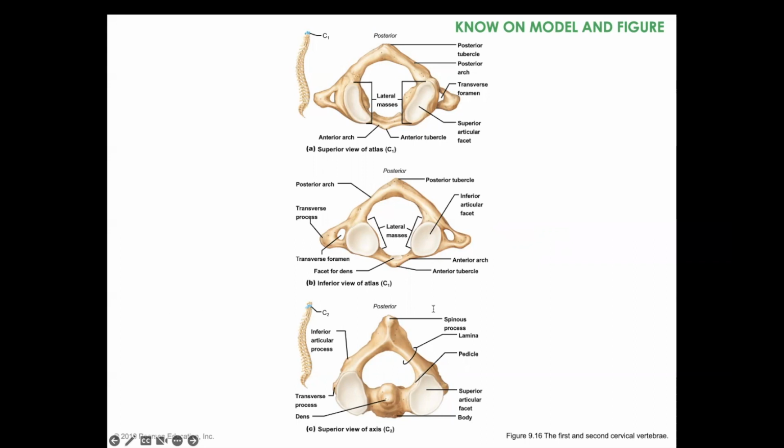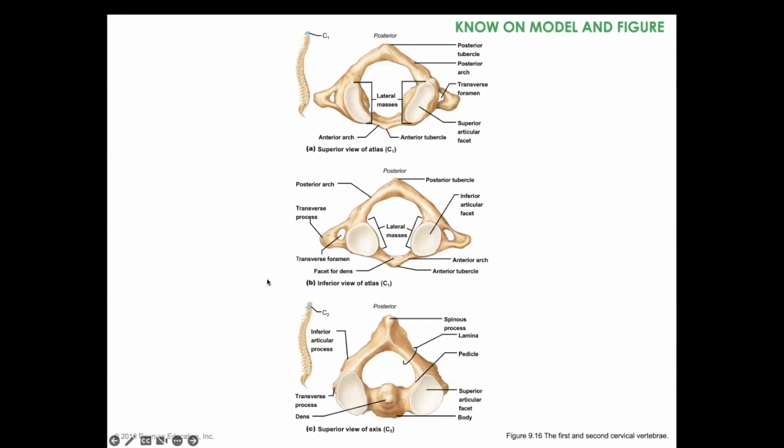So the base of the skull is going to sit on the atlas, on those 2 superior articular facets. And then the atlas is going to sit on top of the axis.